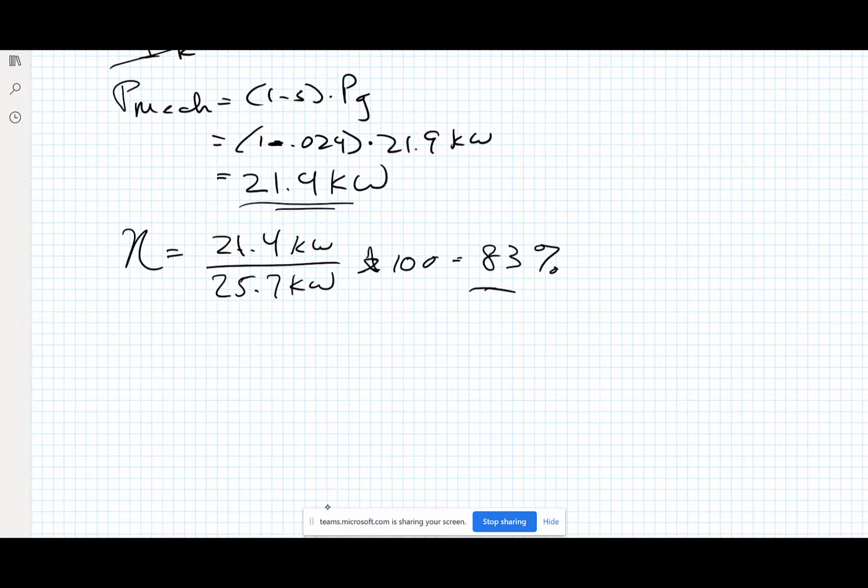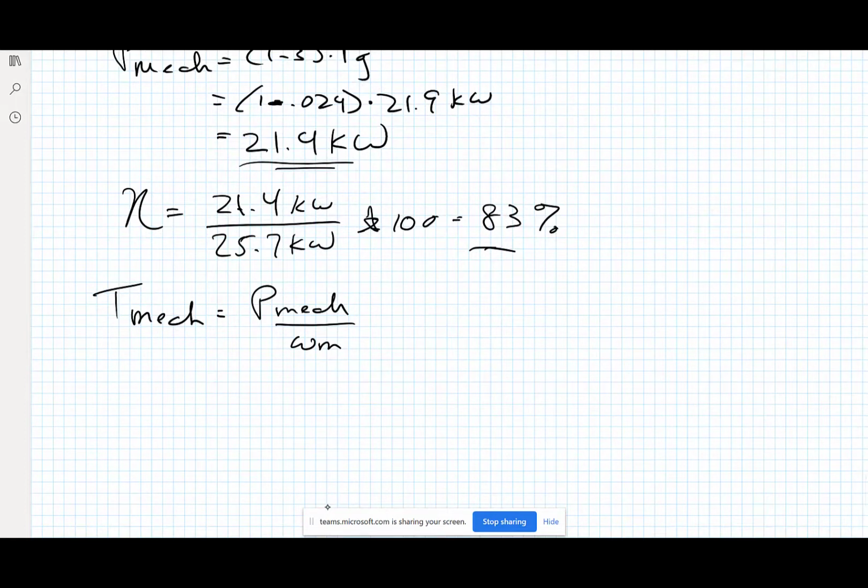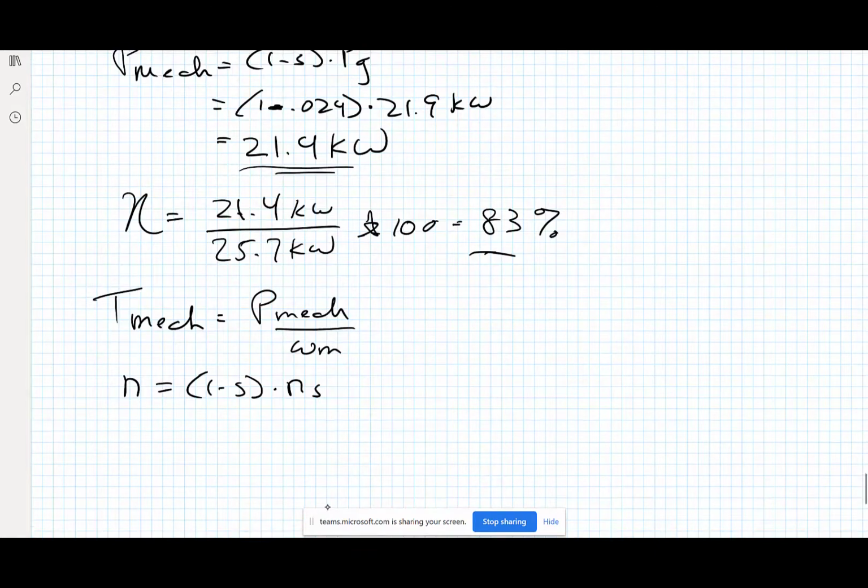But the next thing I want to do is check this. I'll clean this up. T mechanical is the mechanical power divided by the mechanical speed. So all I need to know is the mechanical speed. Well, what is the speed of the rotor? N is going to be 1 minus the slip times the synchronous speed.